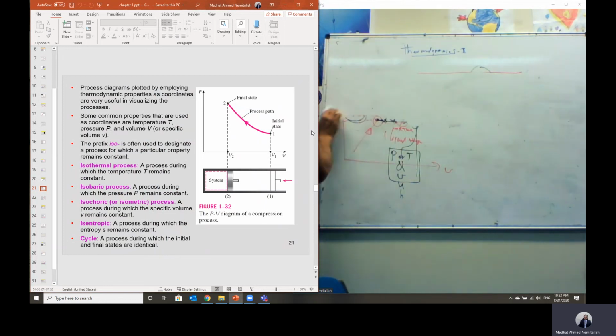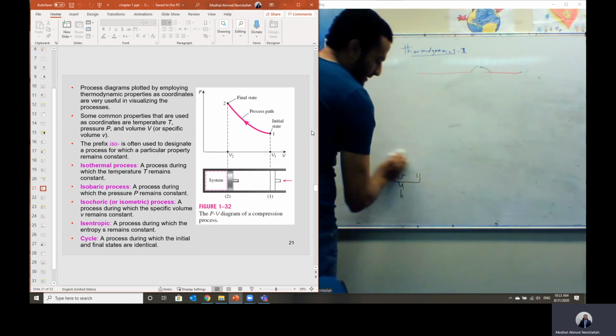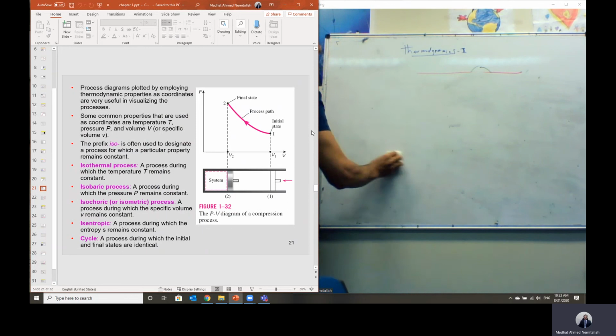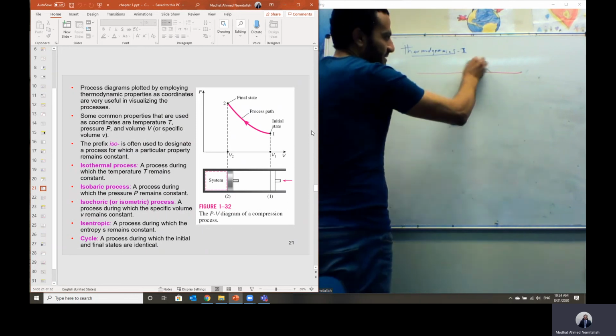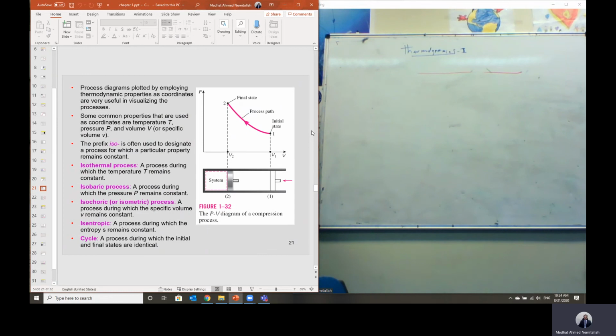We also have another kind of process, which is isobaric. Isobaric means the pressure is constant. Isochoric, the volume is constant. Isentropic means the entropy of the fluid inside the system is constant. So these are special processes.